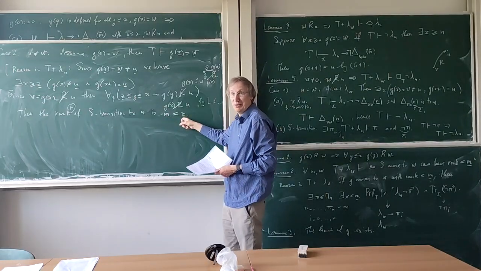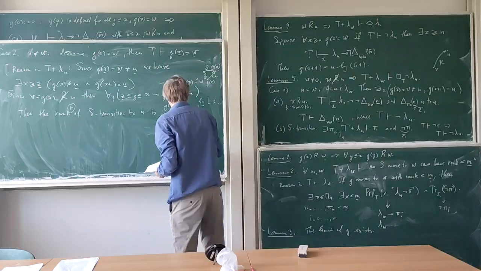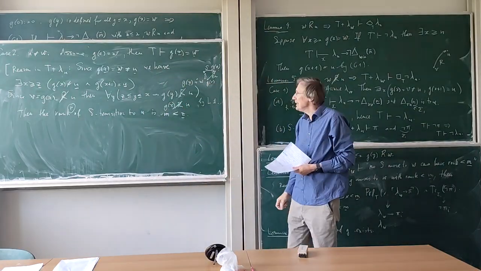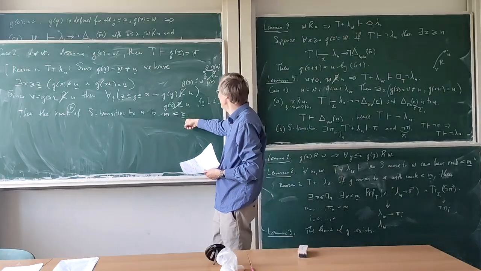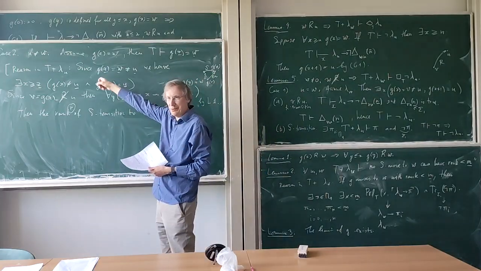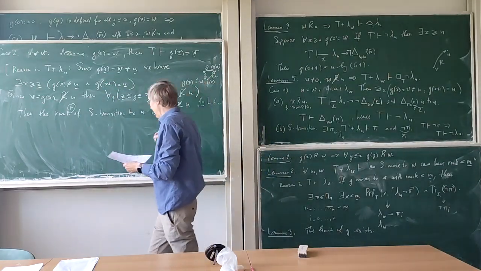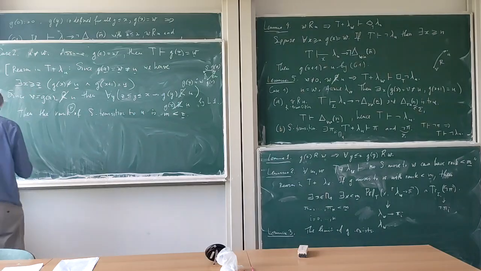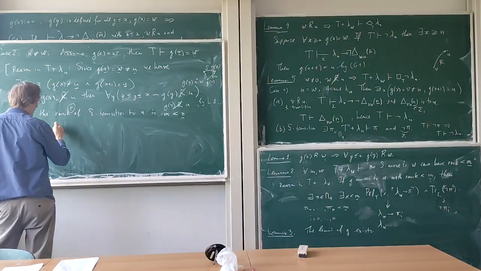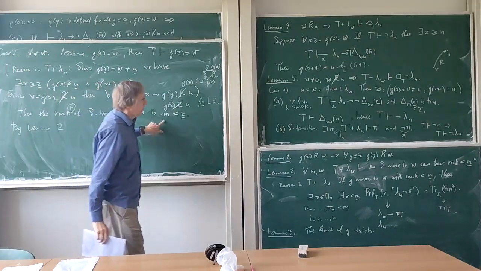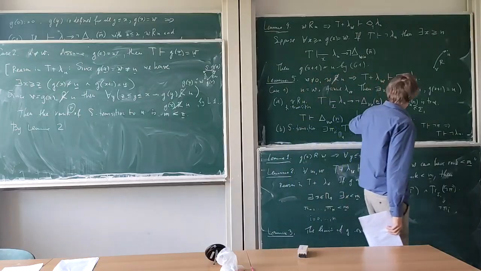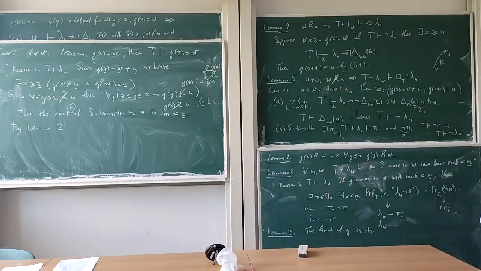That's the crucial observation in the whole construction, because Z here is a standard number. You see, it is underlined everywhere. And then, by lemma 2, this in fact contradicts lemma 2.